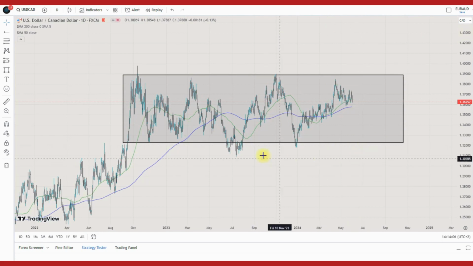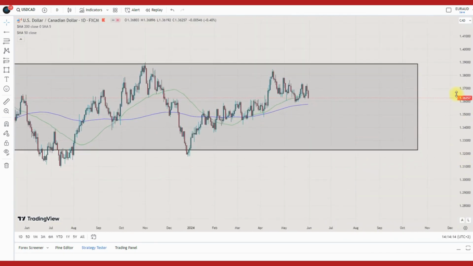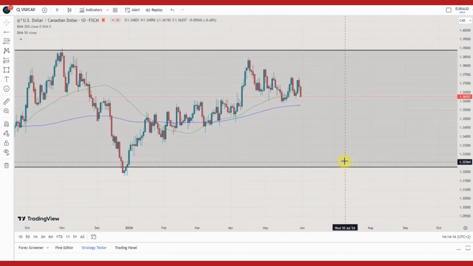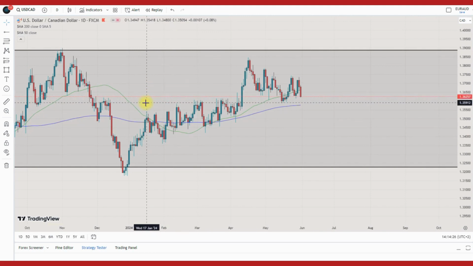That might actually happen, but I'm not taking any trade on USD/CAD next week, though we'll see a lot of volatility in this pair, because we have the interest rate statement from the Bank of Canada, and then we have the NFP from the US next week.